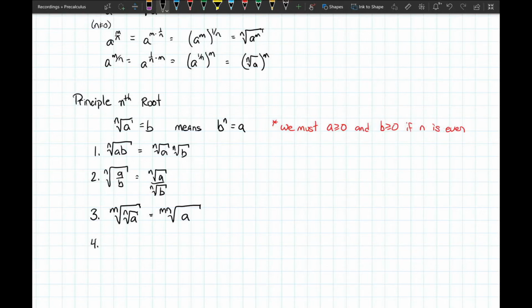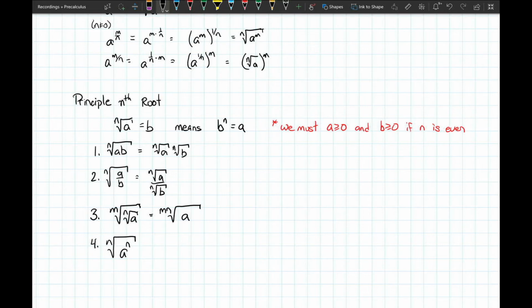Okay, the fourth rule is a little bit more challenging. It's what happens when you take a to the power n, and then you take the nth principal root of it. Now, you would hope that these two things would just cancel each other out. If I were to cube something and cube root it, it should probably cancel out. If I were to square some number and square root it, it should probably cancel itself out.